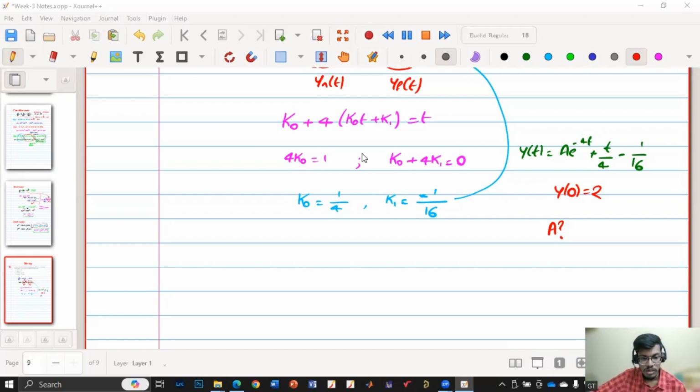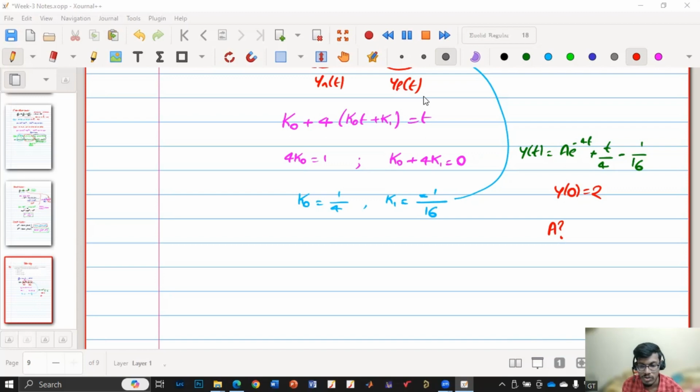Anyone who has solved A, just substitute T equals to 0 and then solve for A. You should not take this much time.